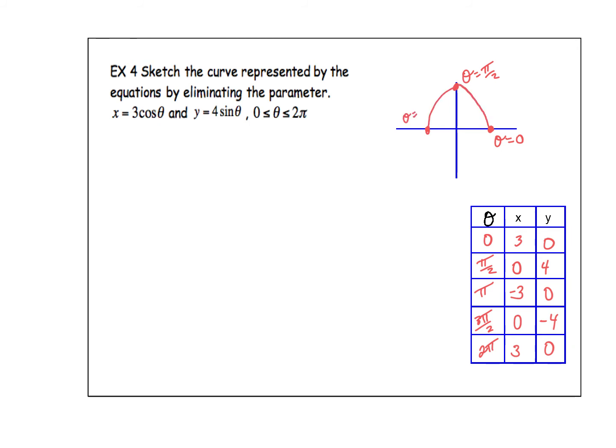This is when theta is pi, and that's negative 3, 0. And then 0, negative 4 is down here. And then we do return over there. So this is when theta is 3 pi over 2. This is when theta is 2 pi again. So we are going in this direction. Okay, is that making sense for everybody?